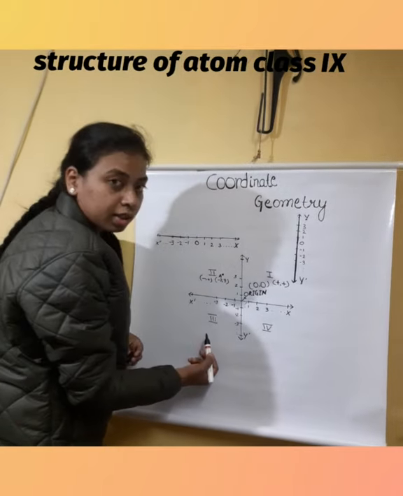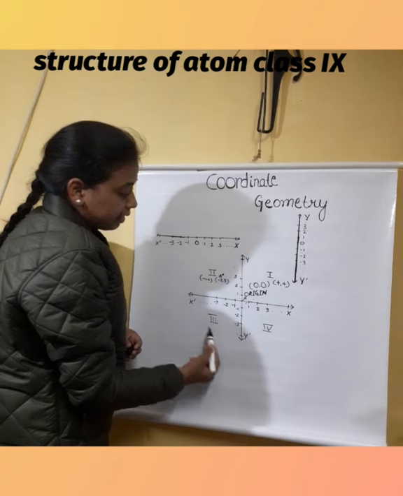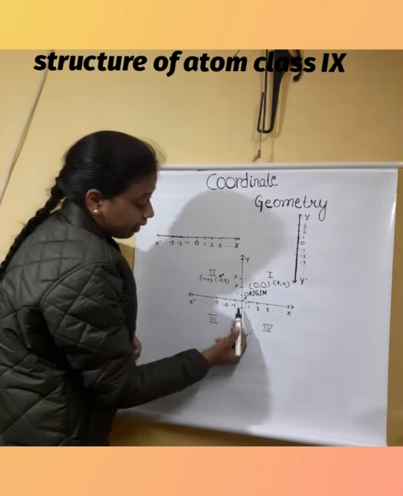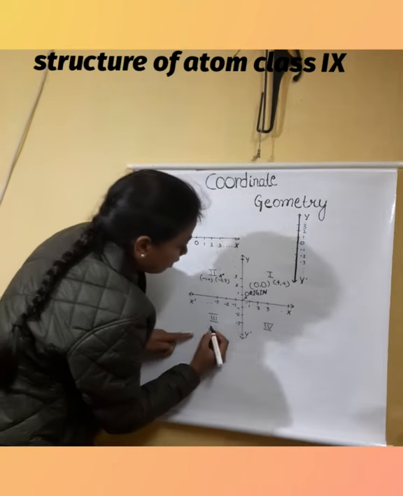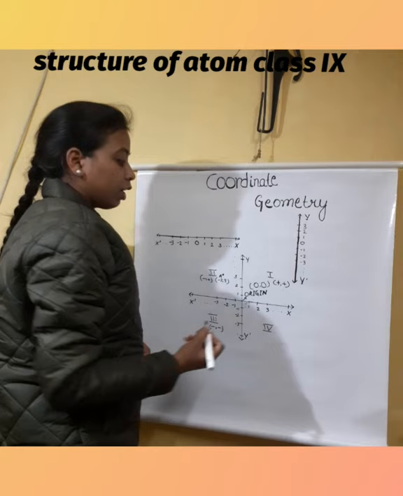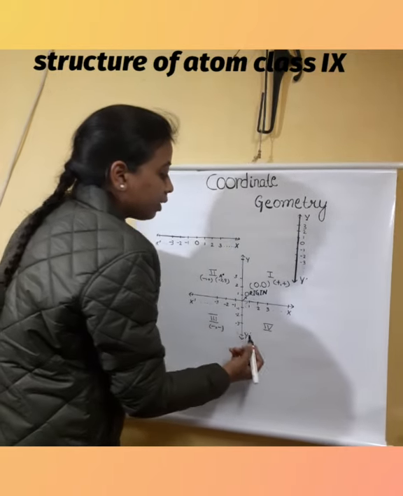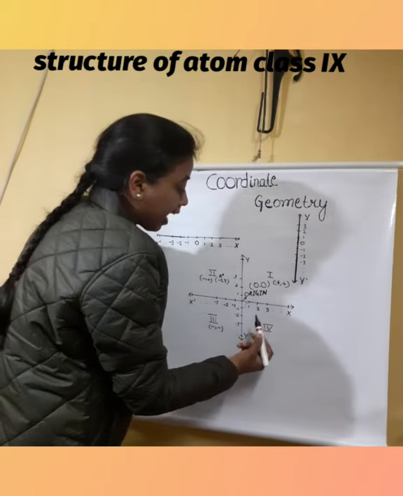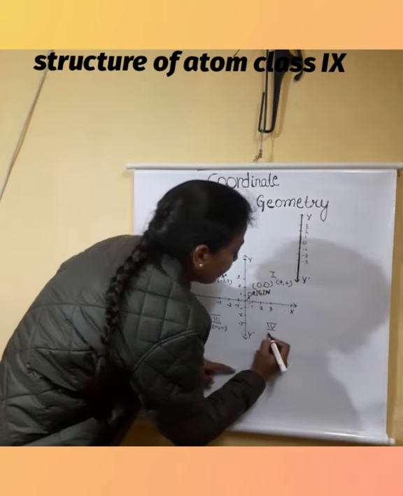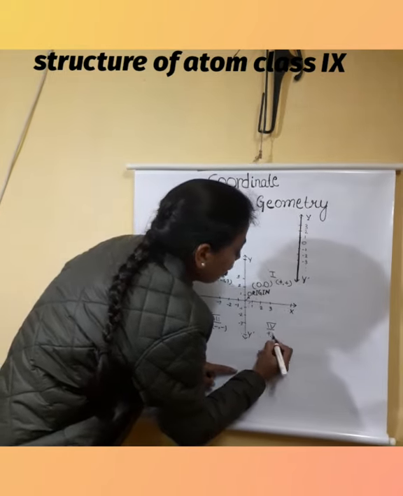Now let's come to the third quadrant. It lies between negative x-axis and negative y-axis, so its sign is minus, comma, minus. Now this is the fourth quadrant. It lies between positive x-axis and negative y-axis, so its sign is positive, comma, negative.